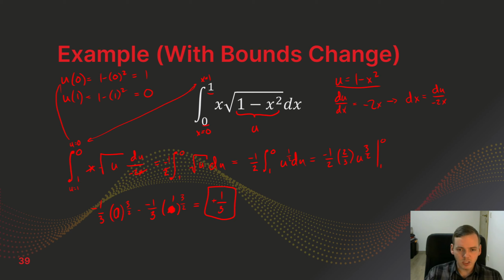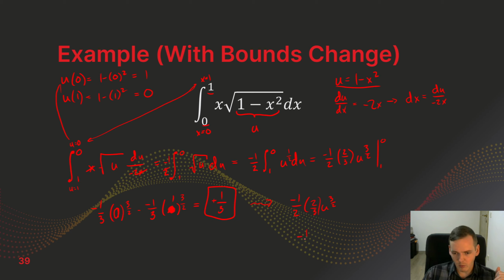The no bounds change would be just rewriting this as, where were we? Negative 1/2 times 2/3 u to the 3/2, and then plugging back in our u at the end.